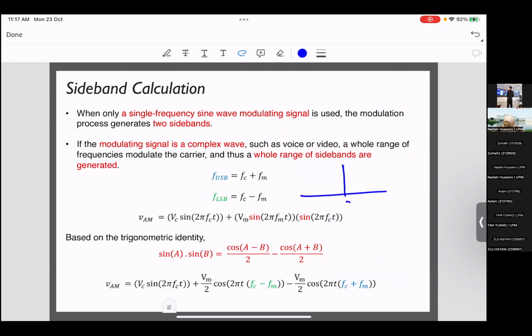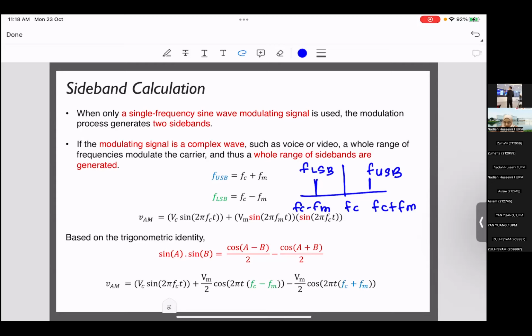So if this is fc, then you would get something over here, fc plus fm. So this is your upper sideband, fUSB. And then another one would be over here, which is fc minus fm. And this would be your fLSB, okay, lower sideband.